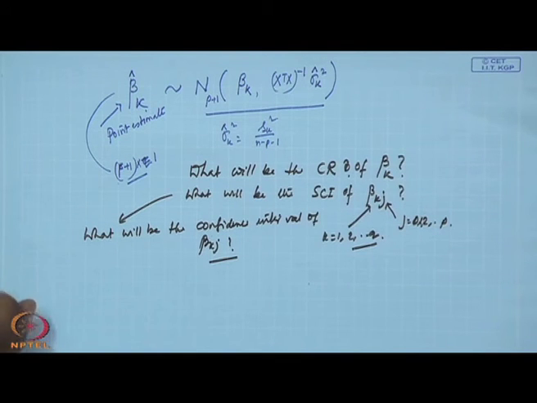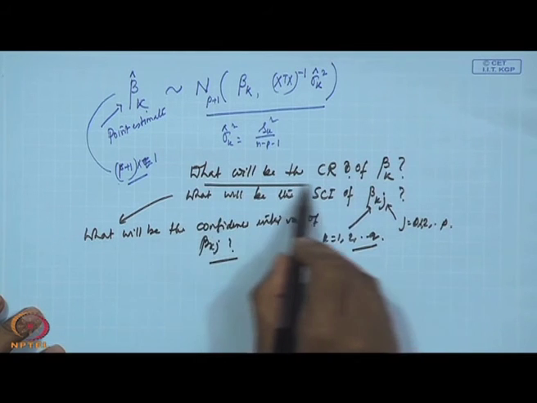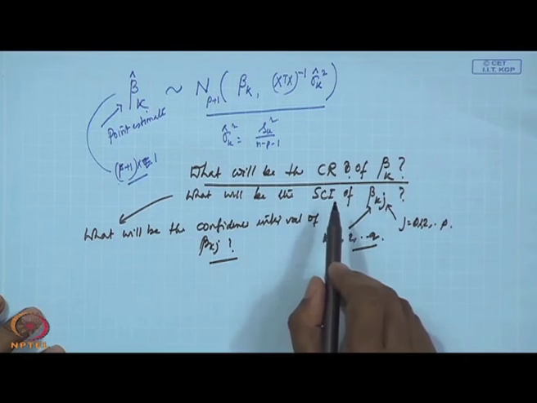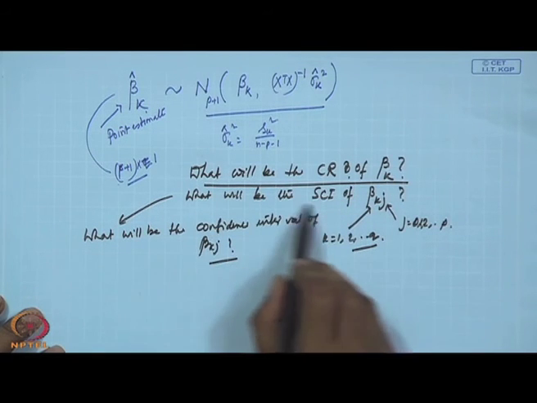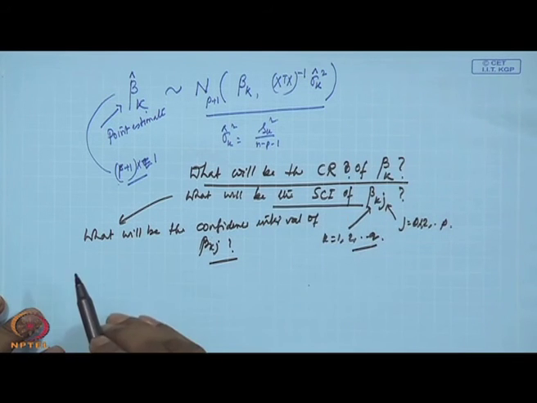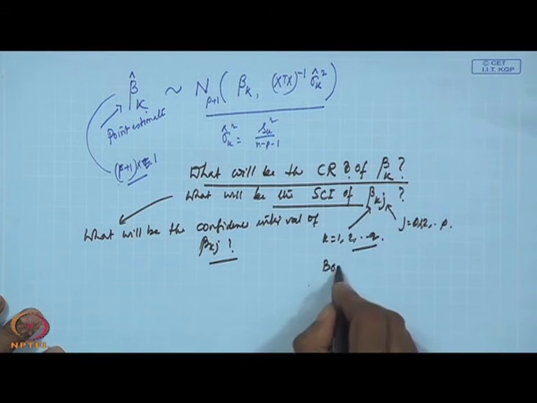Okay. Now if you recall in MLR, we did not go for this confidence region because of the robustness of regression, and we also described the simultaneous confidence interval for beta j using the Bonferroni approach.